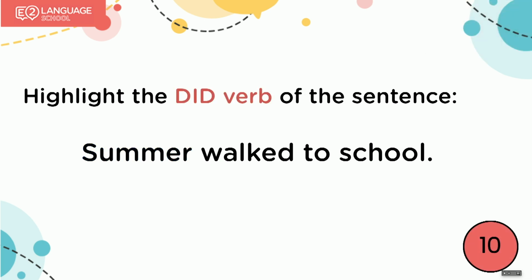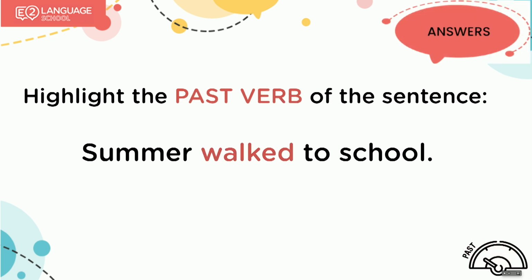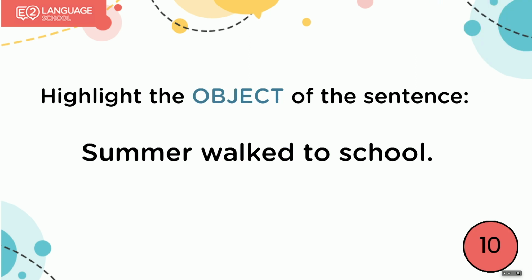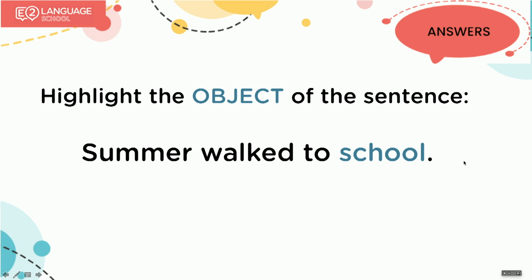Let's now highlight the did verb in this sentence. Hopefully you saw or noticed that walked was the past verb, the did verb in this sentence. Finally, please highlight the object of the sentence. Just one word, actually. And hopefully you saw that school was the object of the sentence.